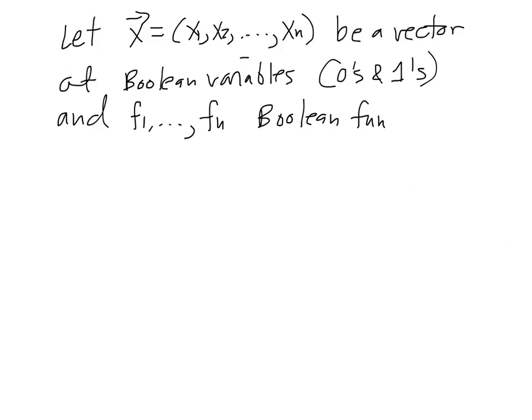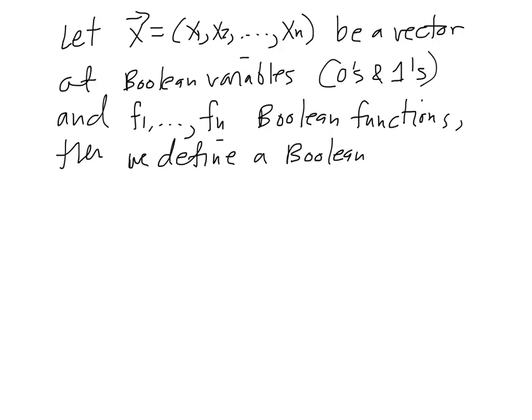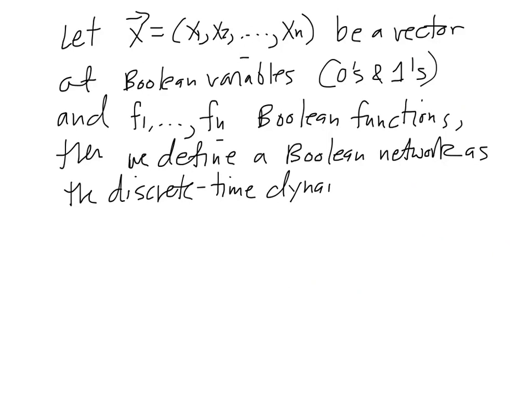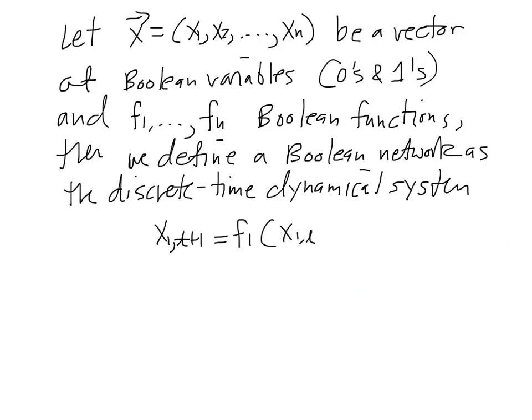So we defined Boolean functions a bit ago. Then we define a Boolean network as the discrete time dynamical system: x1 of t plus 1 is the first Boolean function evaluated at all the x's at t.